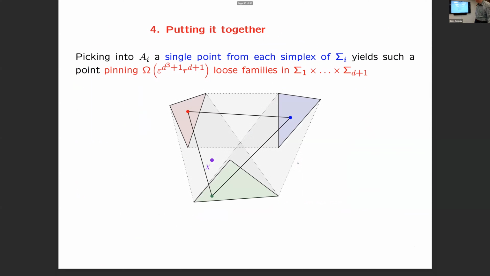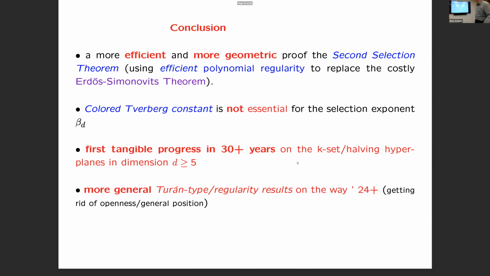So, to conclude, we obtained a far more efficient proof of the second selection theorem, using polynomial regularity instead of the wasteful Erdős–Simonovits theorem. We no longer depend on the colored Tverberg constant, whatever it is.